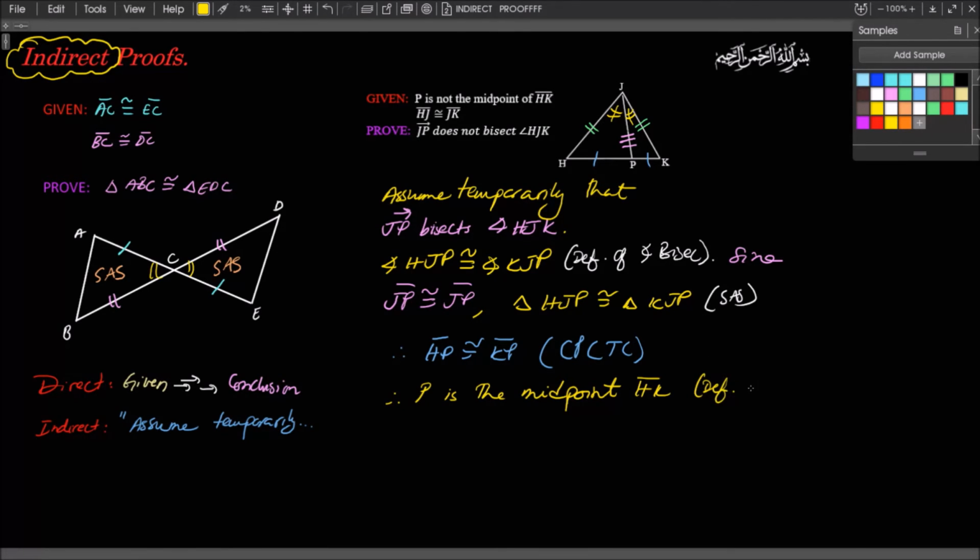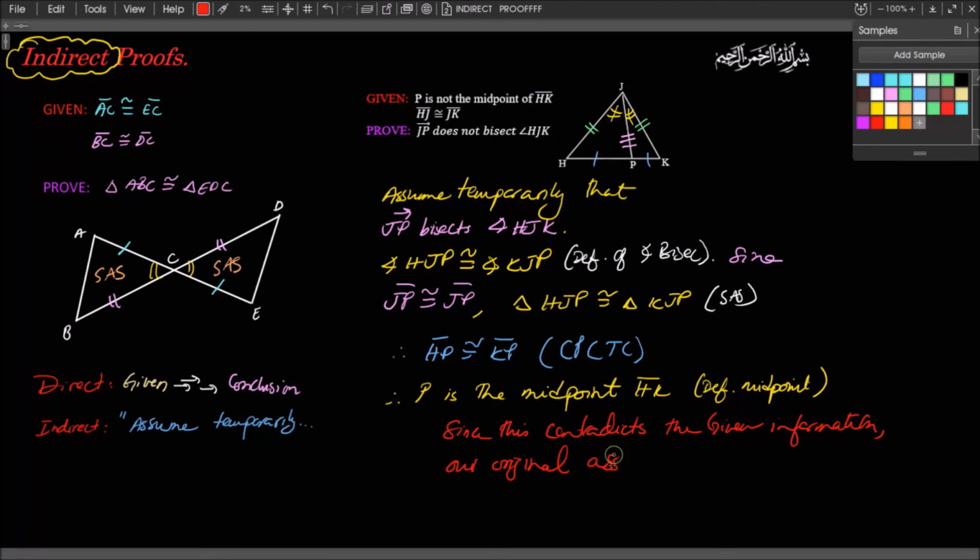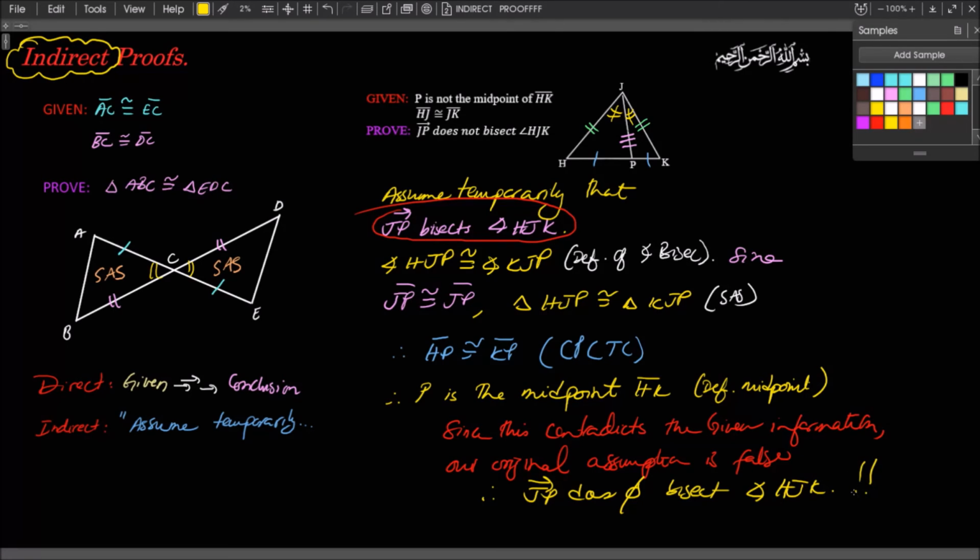Because a midpoint divides a segment into two congruent segments. We're told that P is not the midpoint of this segment. Since this contradicts the given information, our original assumption is false. The original assumption being that JP bisects that angle. Therefore, JP does not bisect angle HJK, which is what we were trying to prove.